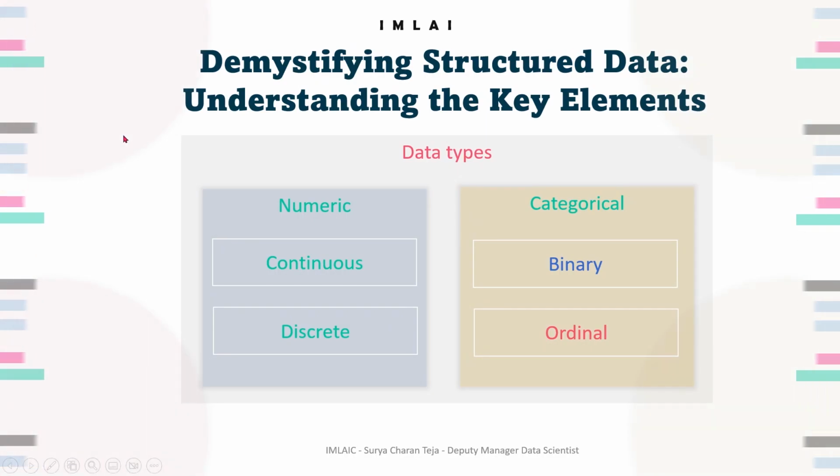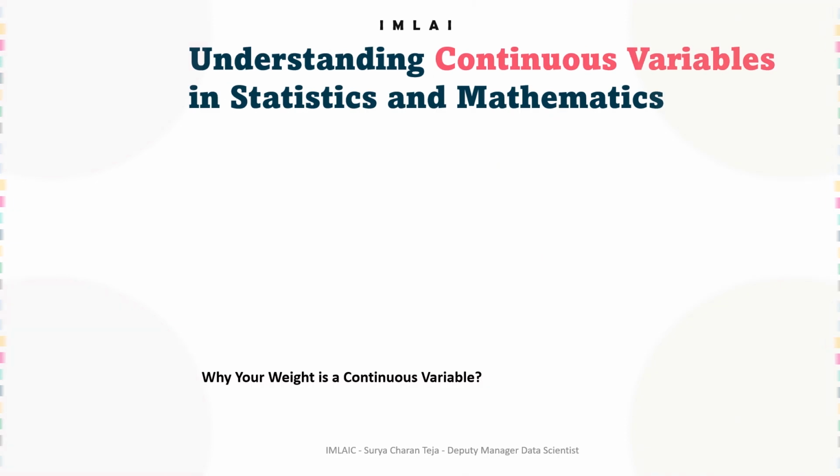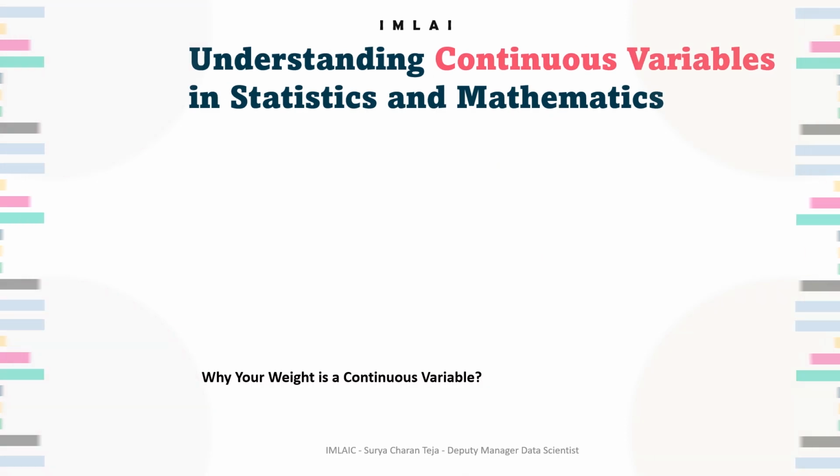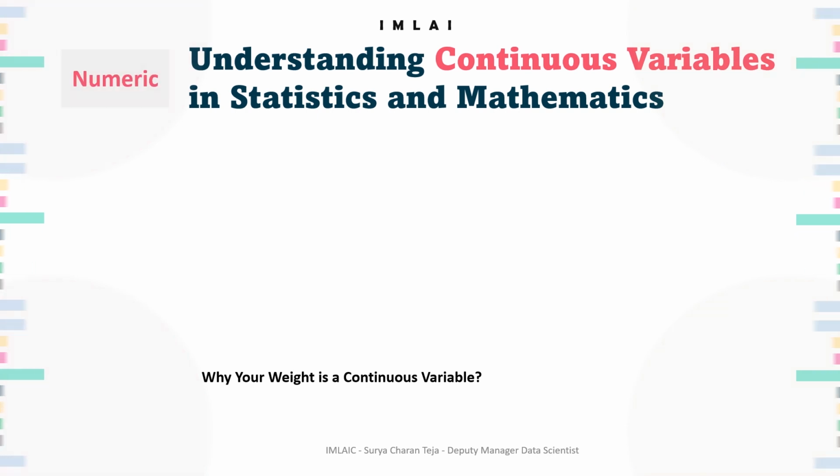Like to explore each type of data element that are available for us. So let's begin with understanding the continuous variables in statistics and mathematics, which is of numeric data type.